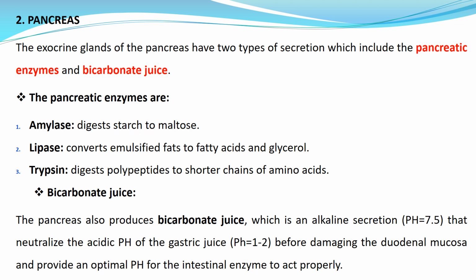By the bicarbonate juice. It also provides an optimal pH for the intestinal enzymes to work. As you know, the intestinal enzymes might not be activated in an acidic pH.